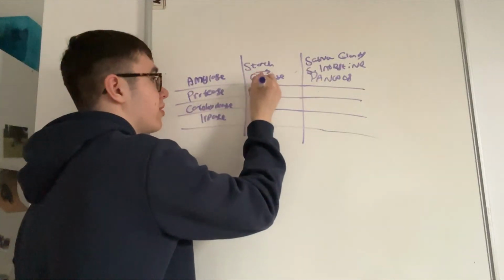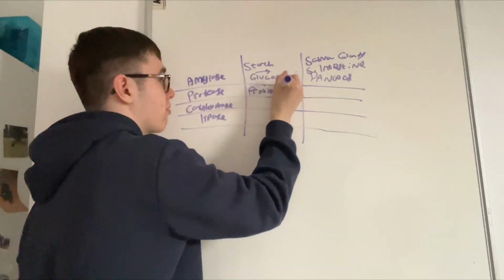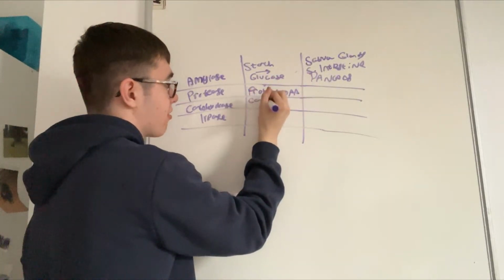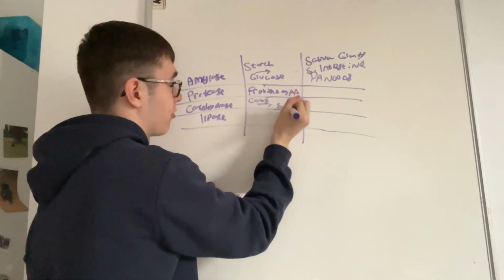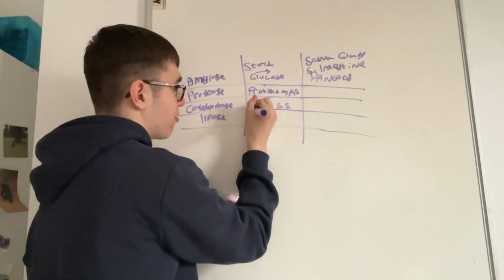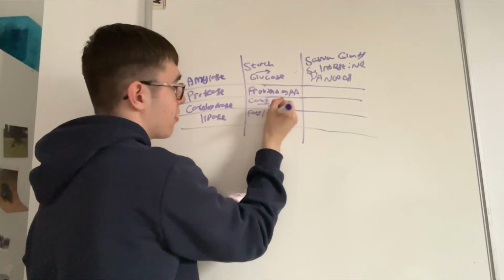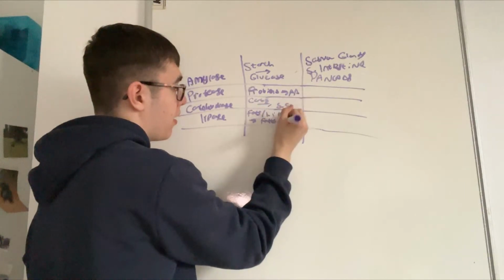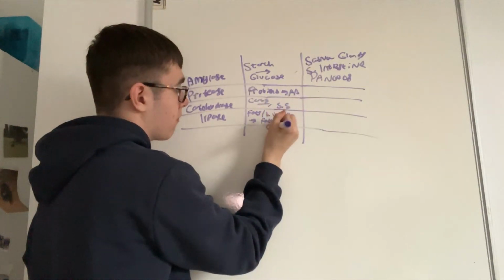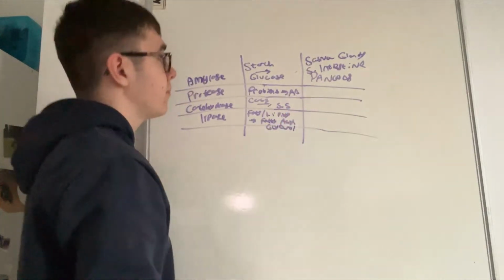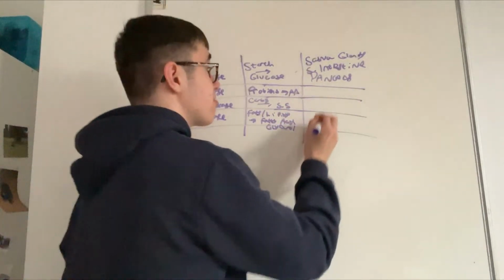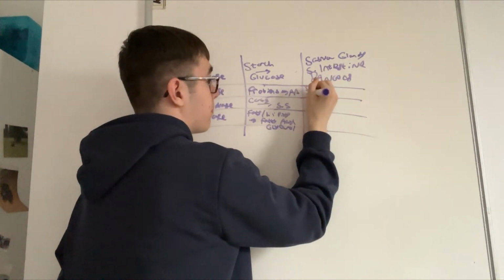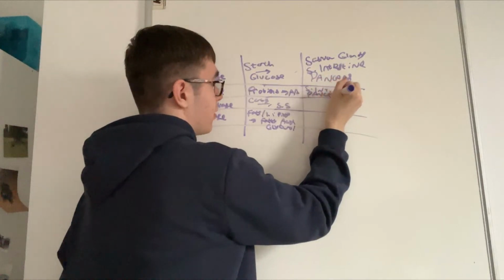Protease turns proteins into amino acids. Carbohydrase turns carbohydrates into simple sugars. And lipase turns basically fats or lipids into fatty acids and glycerol. Okay? So the protease, I believe, is produced in the small intestine, pancreas, and the stomach, I want to say.